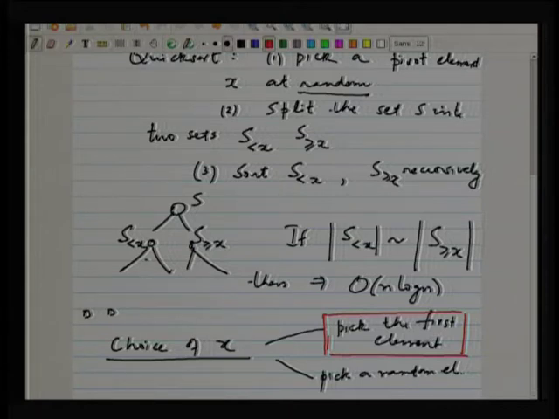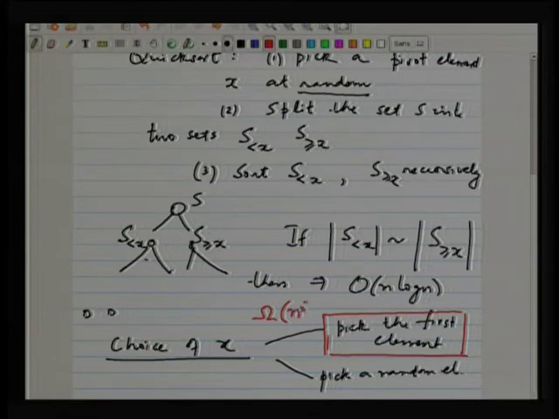That is, your first element is going to produce two very unequal subsets, namely one of just unit size, the other one of the rest of the elements, n minus 1, and then you have to keep continuing this, because with your n minus 1 elements, when you pick the first element as pivot, again that creates very unbalanced partitions, and this way you can get something like an omega n square kind of performance. Okay.